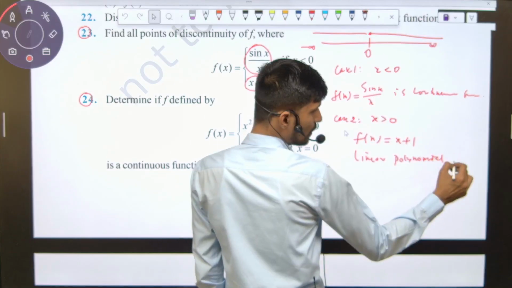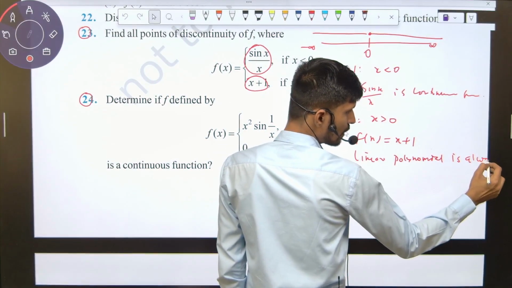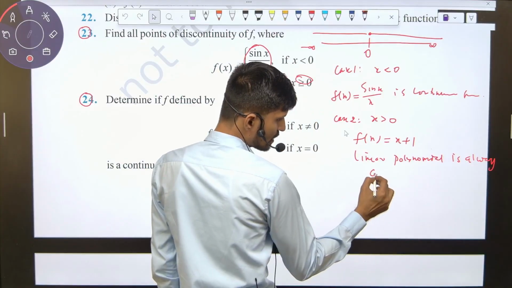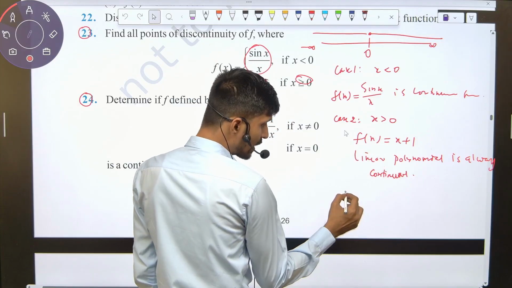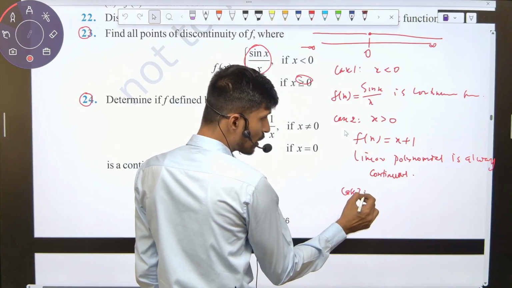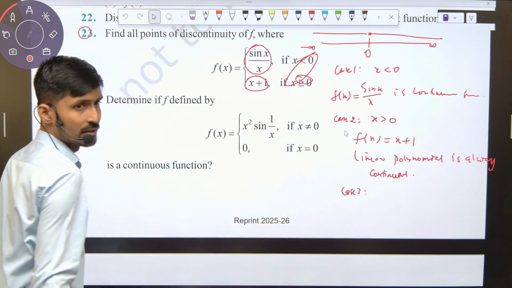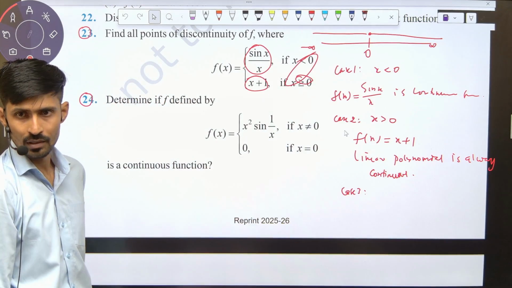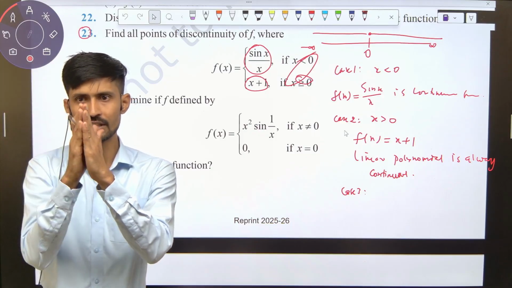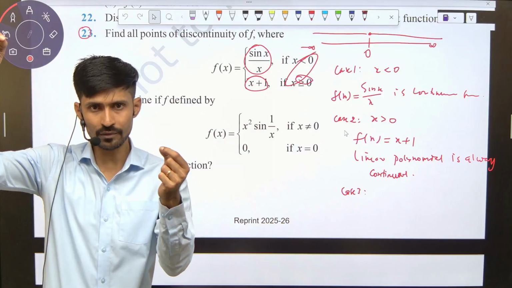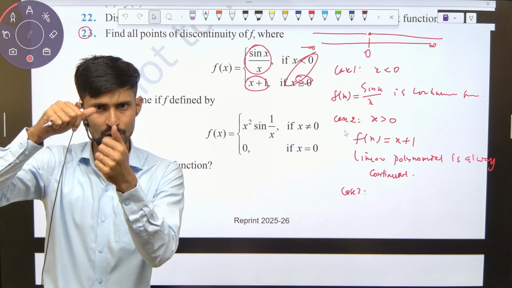A linear polynomial is always continuous. Now case 3, we will talk about the border. The border is 0. Before 0 some other function, after 0 some other function. So we need to check whether both graphs are meeting at the same point or not.